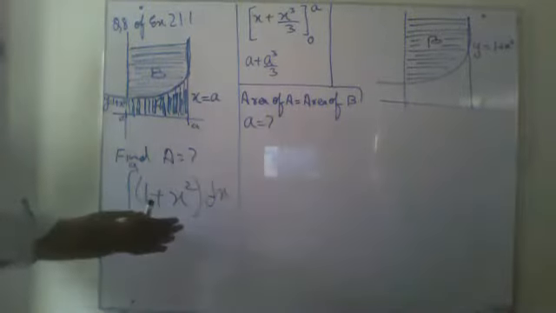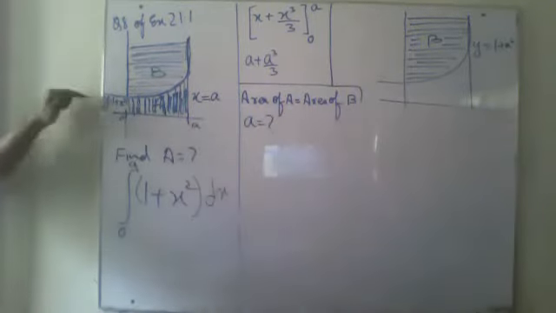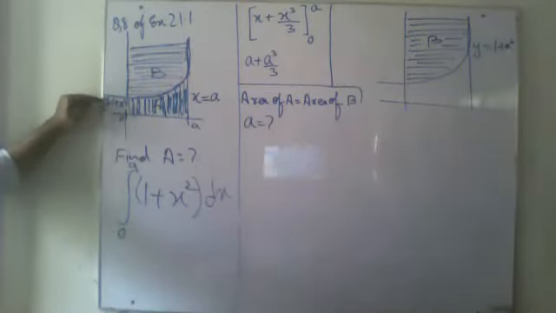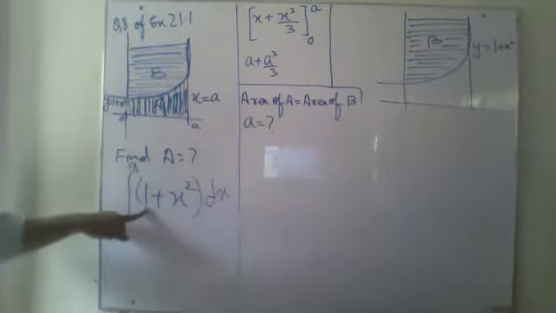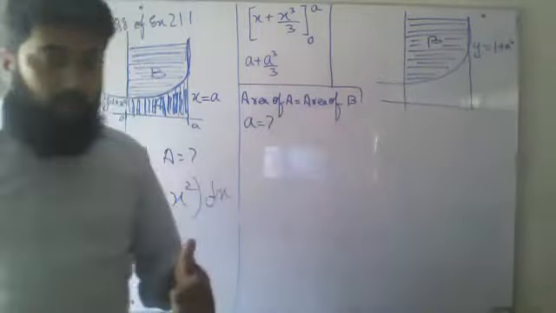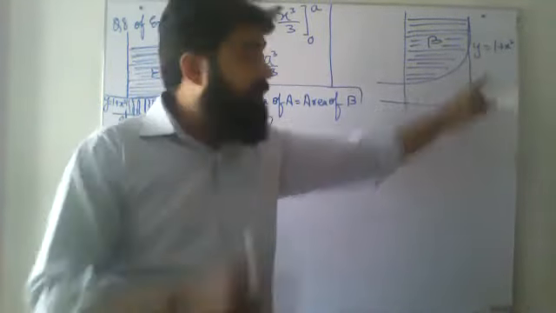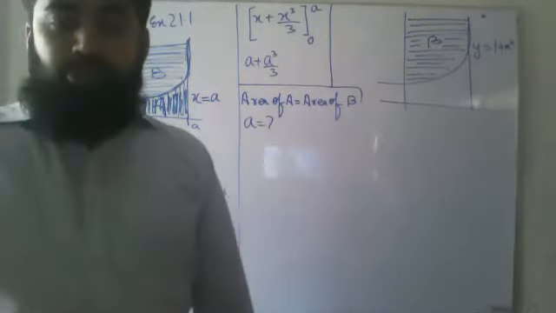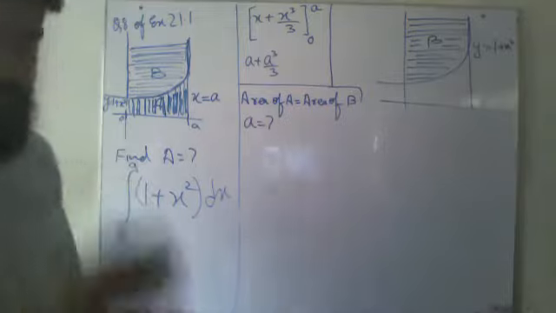Over here, when it was with the x-axis, the subject was y, and the equation was given in terms of x. Now it is with the y-axis, so the subject should be x. That's the first thing you have to do, and the equation should be in terms of y.